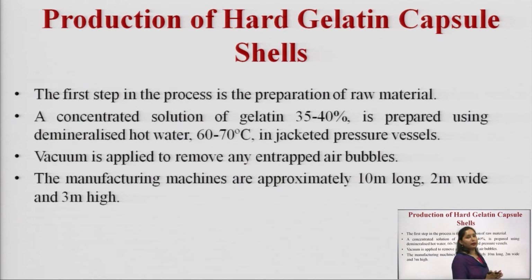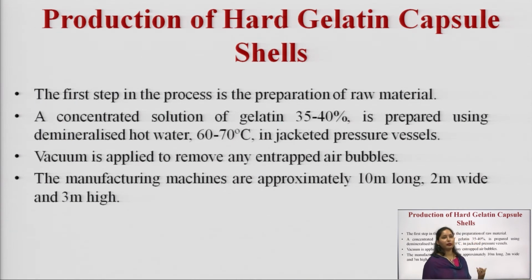The first step in this regard is the preparation of the raw material. As we all know, whether it is hard gelatin capsule or soft gelatin capsule, they are both prepared from gelatin. Okay. So, the first thing in the manufacturing is the preparation of the gelatin solution.